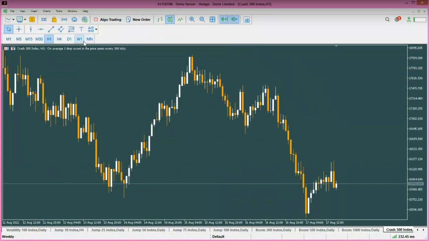All these time frames use the previous candlestick, the previous chart.